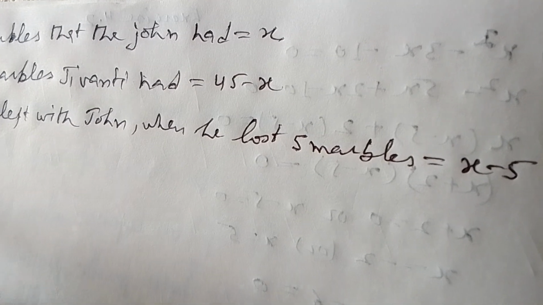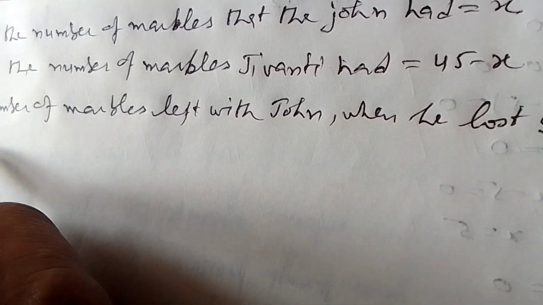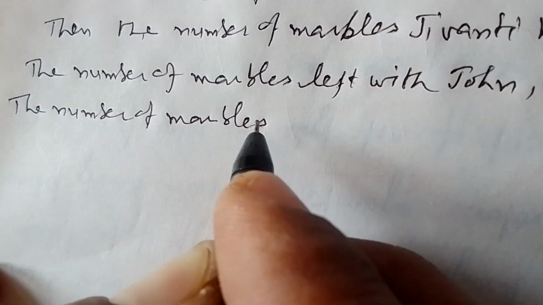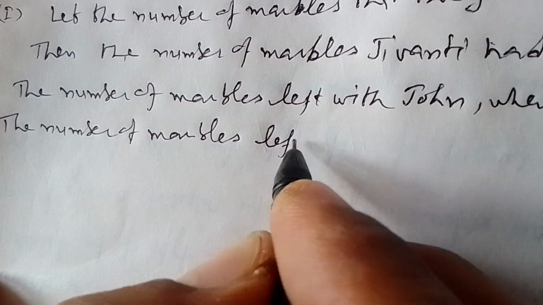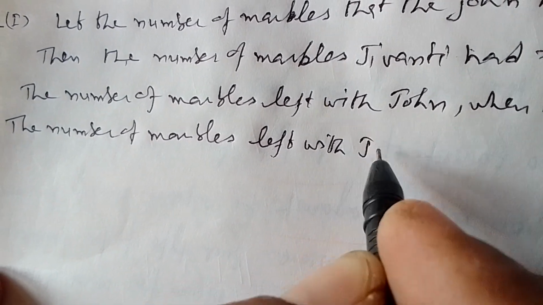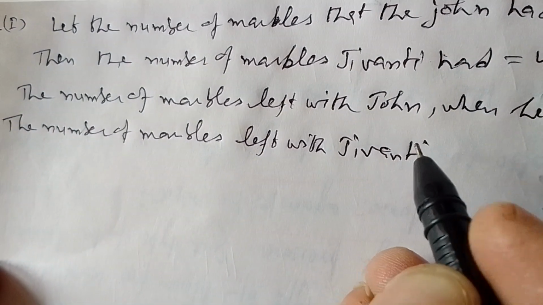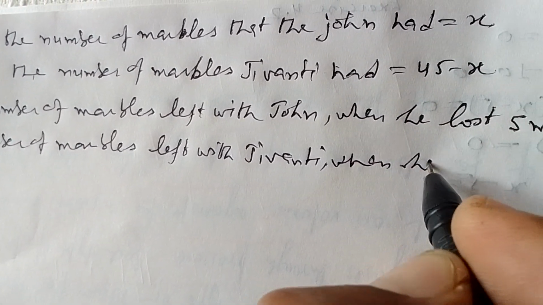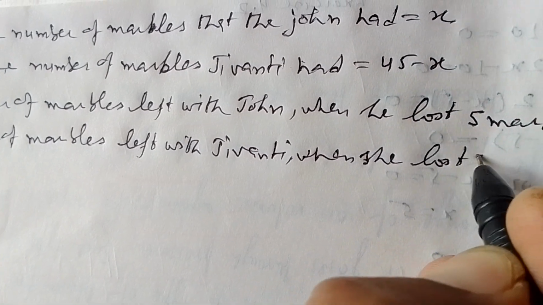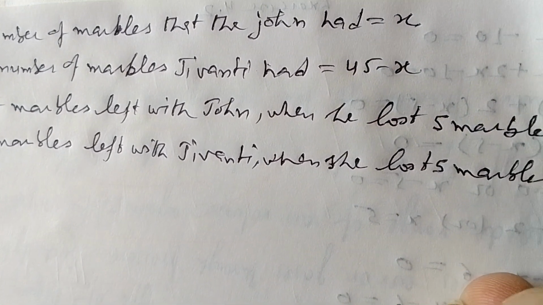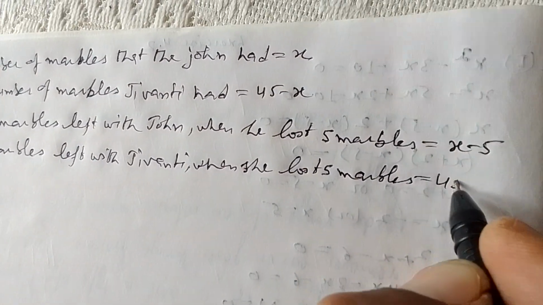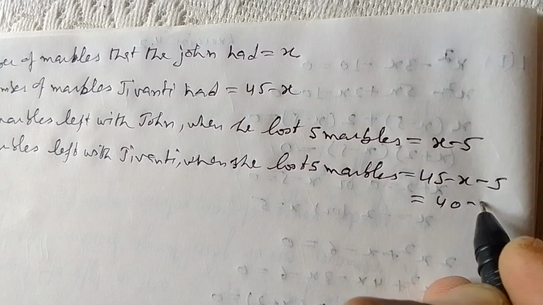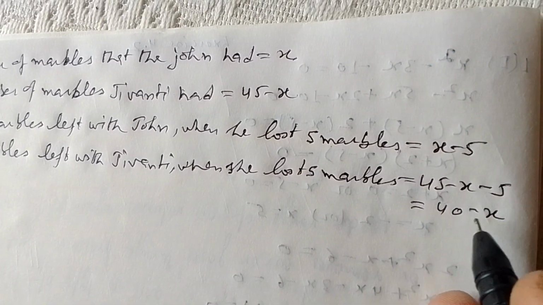We assumed the number of marbles left with Giovanni when she lost 5 marbles, that is 45 minus x minus 5, is equal to 40 minus x, because 45 minus 5 is 40.